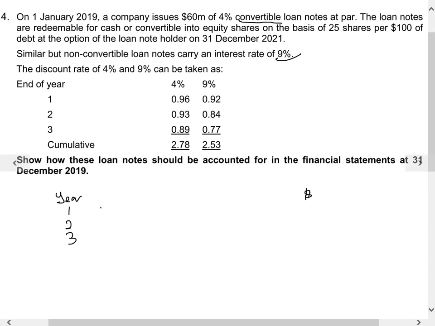48,000. 52, 272,000. So you can ignore the other three zeros. So I found my liability.